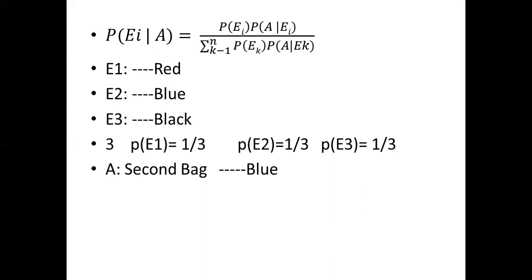Then, any idea? The probability of E_i, that is E1, E2, E3, there are three events, and this event A might occur. So K is from 0 to N. So let us put it into the formula, P of E1.